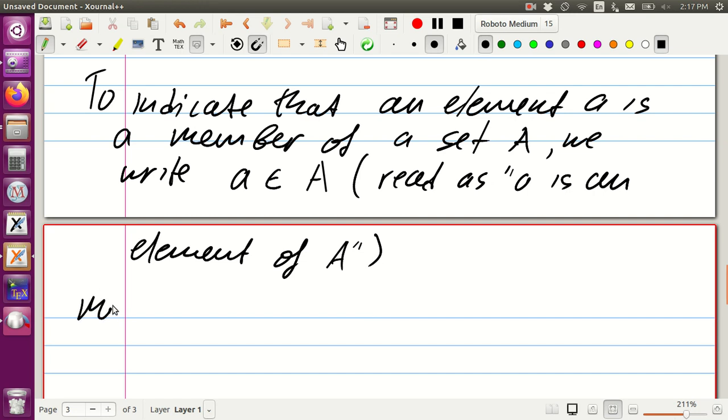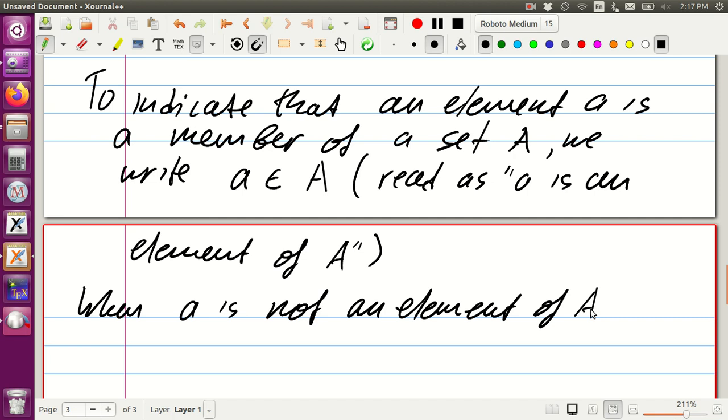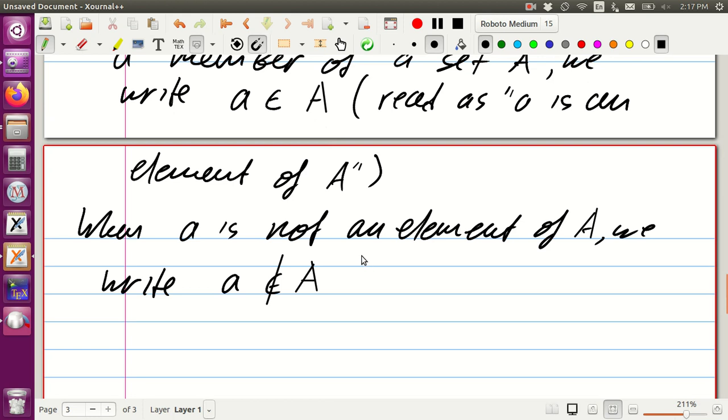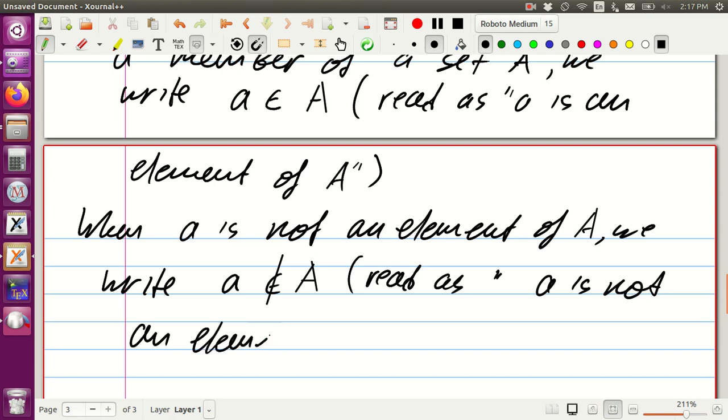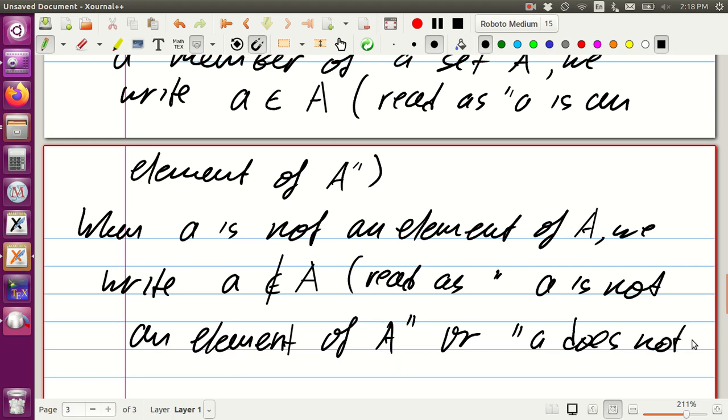So when a is not an element of A, we write a in set A, but then we cross the symbol with a line, and that means it is not in A. All right, so you read it as a is not an element of A. Or some people say a does not belong to A.